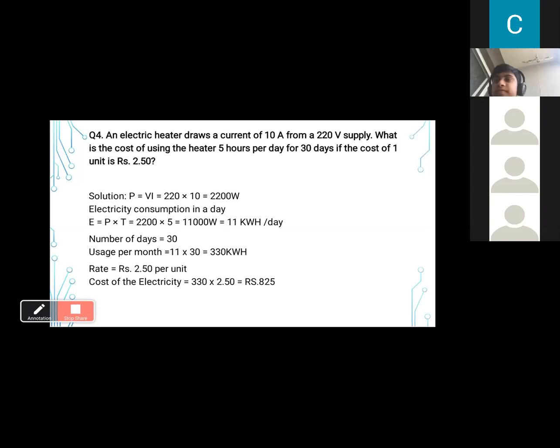Otherwise, in every other numerical, you're going to take time in seconds. But only in such questions, because 1 unit is equal to kilowatt hour, you're going to take time in hours and power in kilowatt. You divide the watt by 1000 to get kilowatt hour. Is this question clear? You have done this in the earlier grade also, I think. Similar questions. Okay. Yes, ma'am.